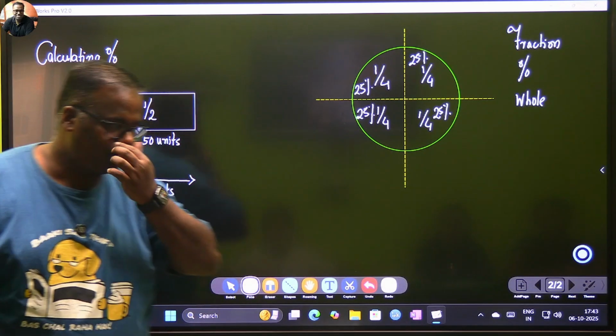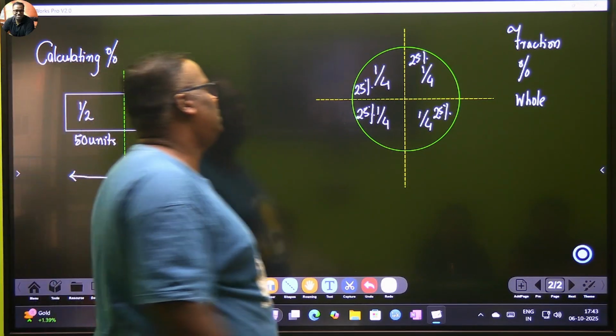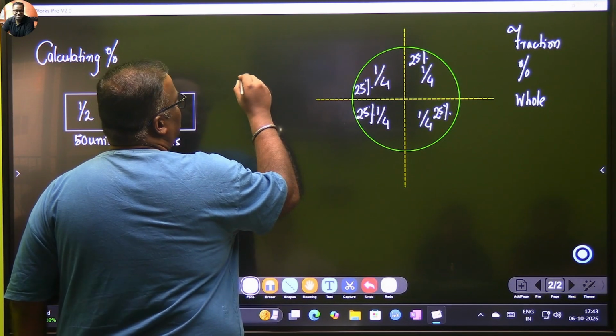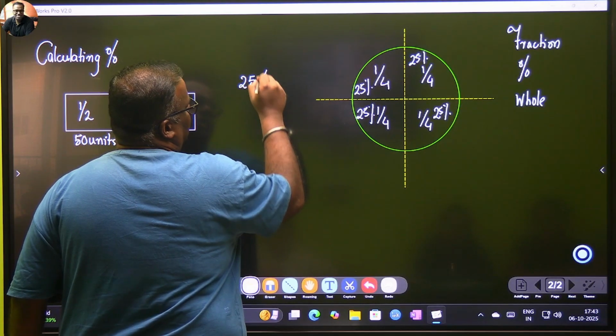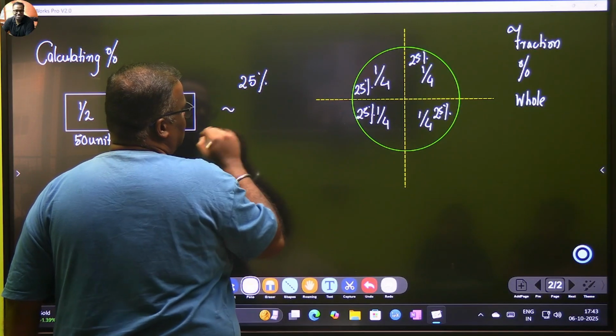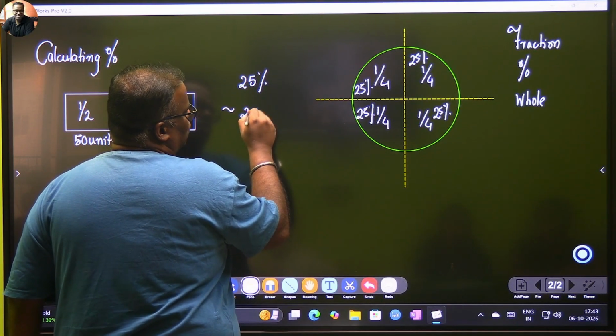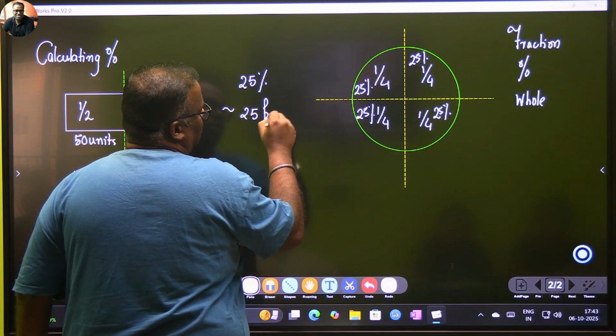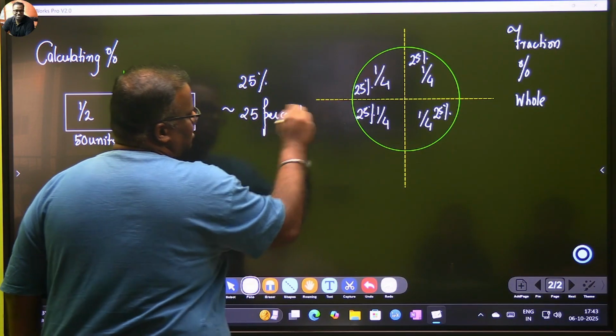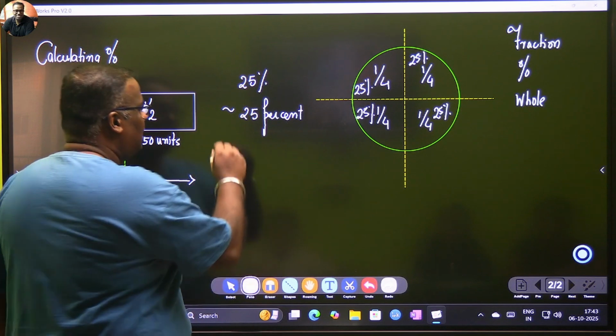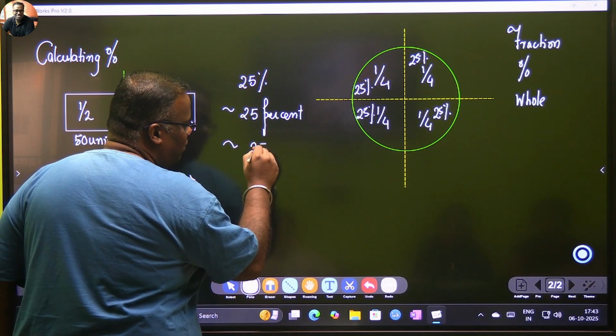Okay. Now, let's try to understand 25%. Can I write this as 25%?